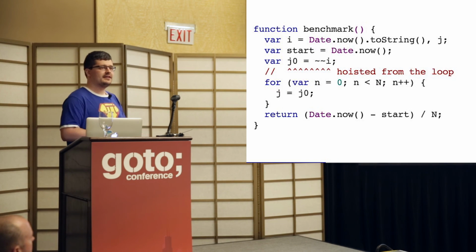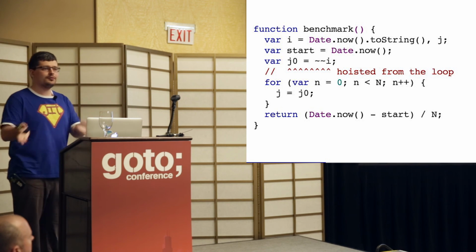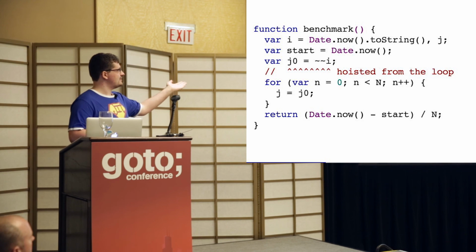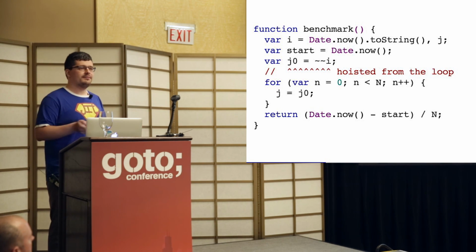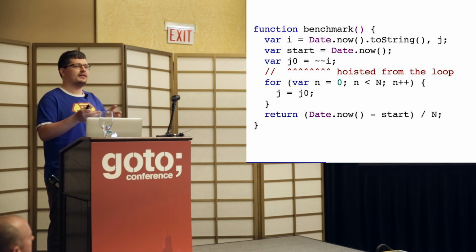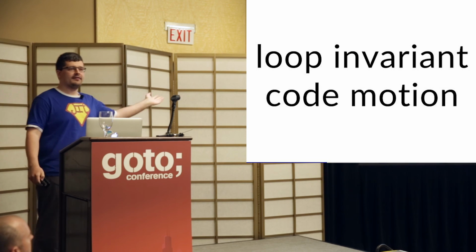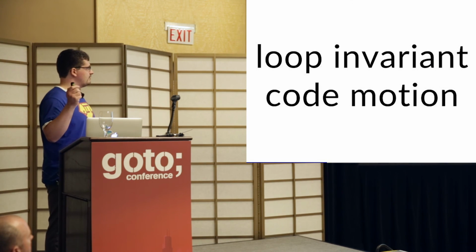And loop invariants can be moved out of the loop and placed before the loop, just like you would do to your code manually. And again, you end up with just an assignment of some variable to a variable, essentially. And you're not measuring parsing time, because it will happen only once outside of the loop. This is called loop invariant code motion. And again, everybody does this. Without this, you cannot really reach any good performance in JavaScript.